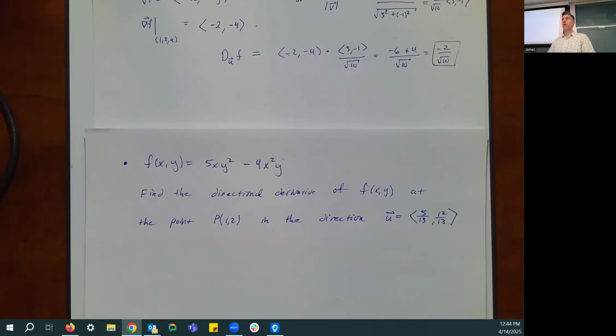So your job, find the gradient, plug in the point, not the vector, plug in the point, and then dot that with the vector.